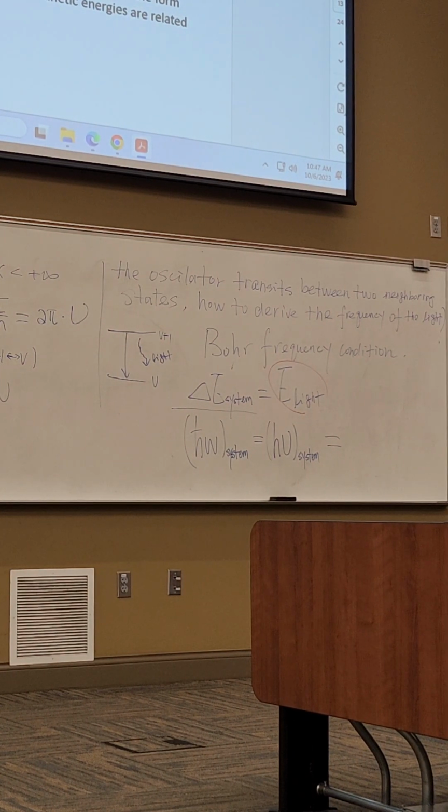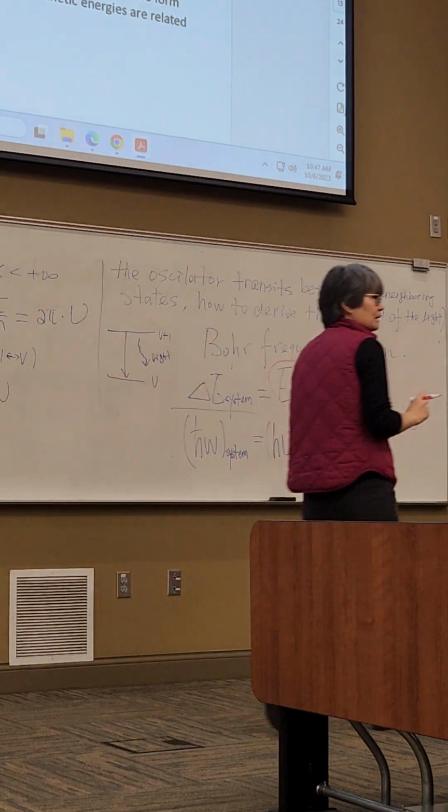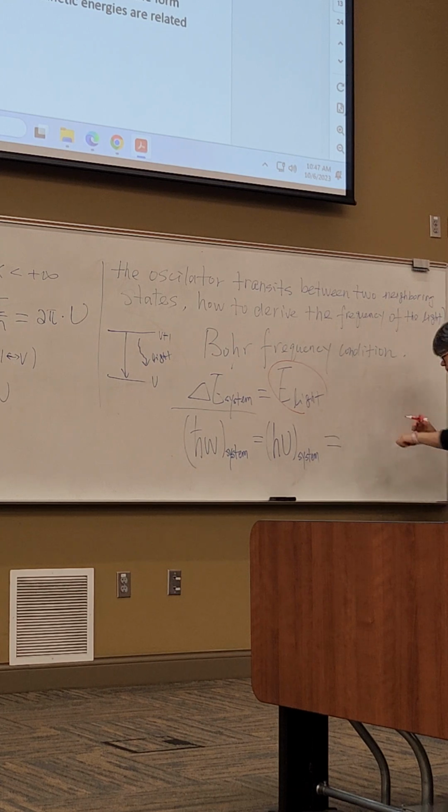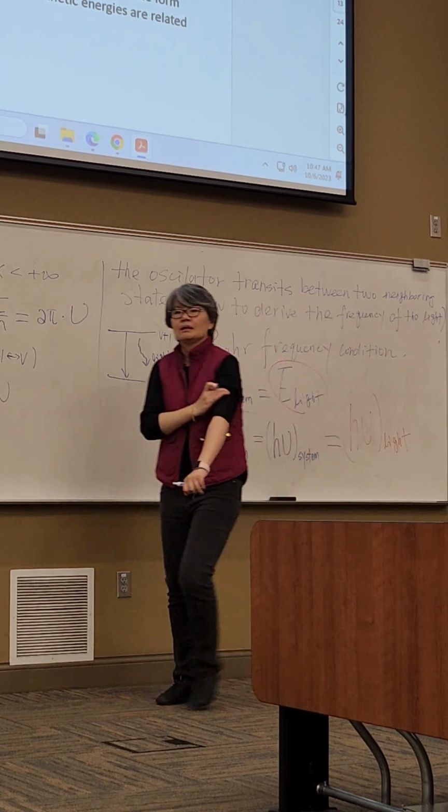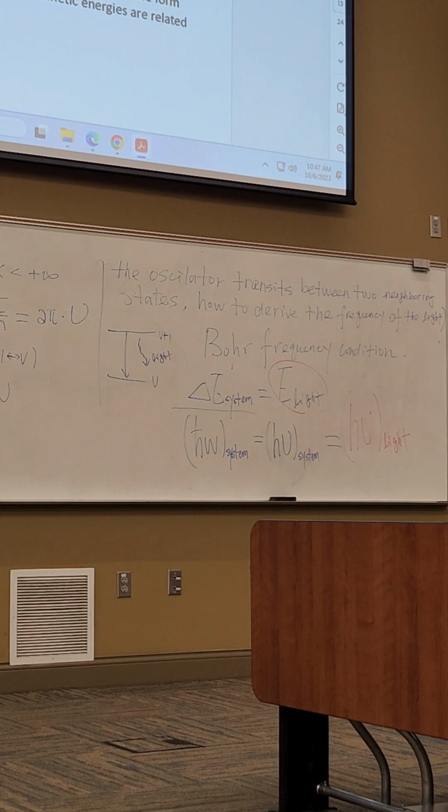How do you calculate energy for the photon, guys? The energy of your photon equals h times nu, but here nu refers to the frequency of the light that is absorbed.